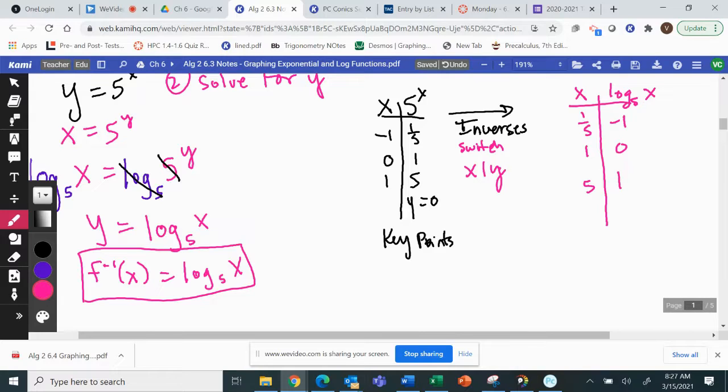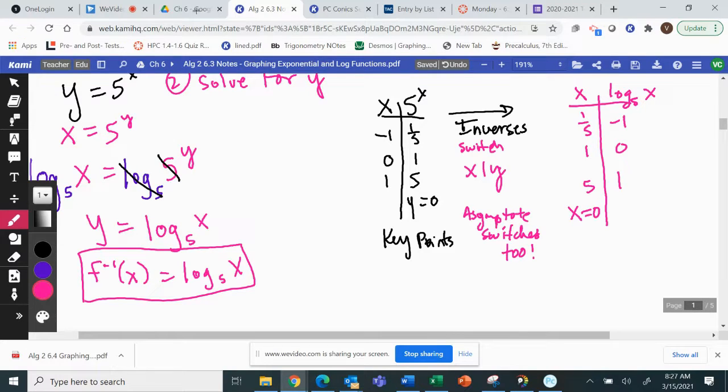Come on, take a guess. x equals 0. Good guess. So we switched everything including the asymptote. So everything switched x and y.